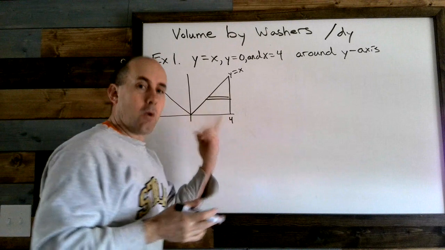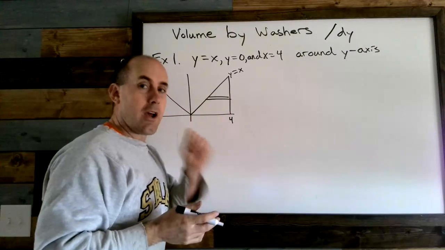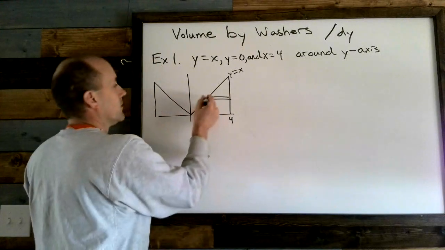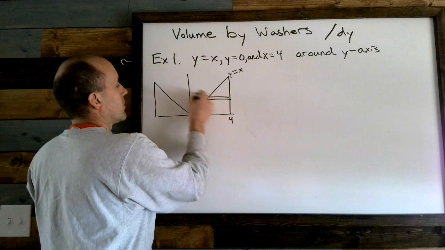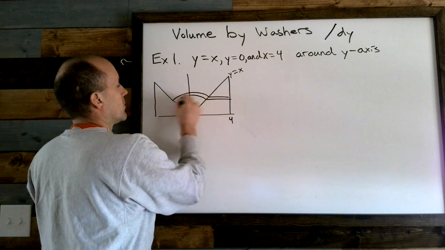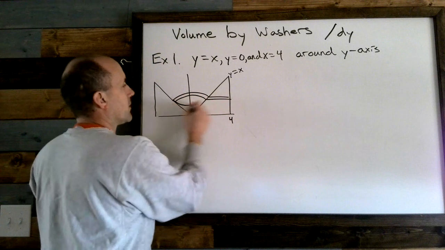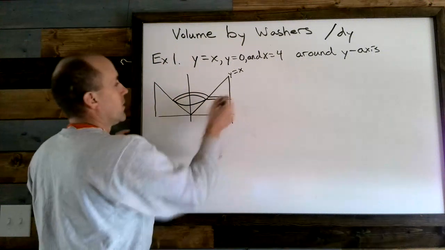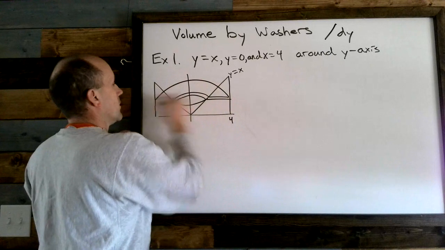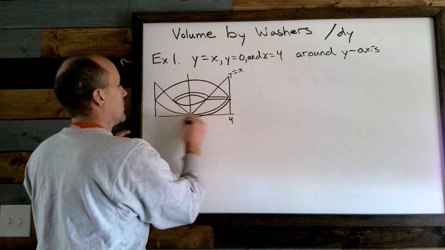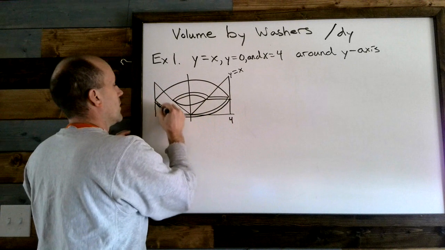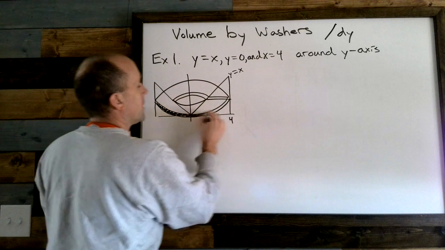Since I do a horizontal revolution, I draw a horizontal rectangle. See that that's going to give us our empty space. That's going to give us our solid space.